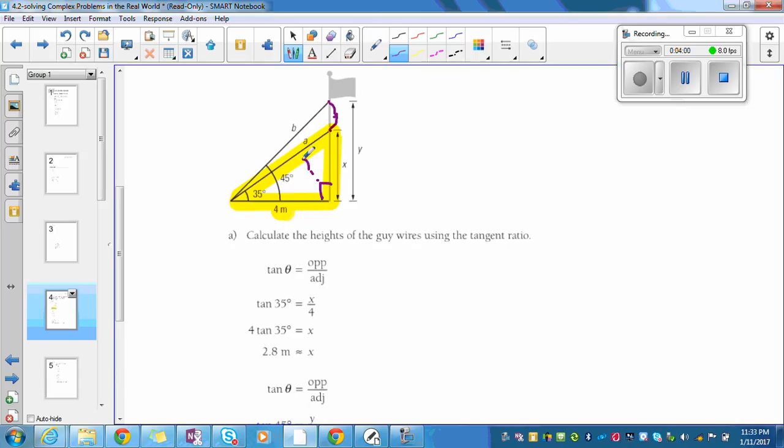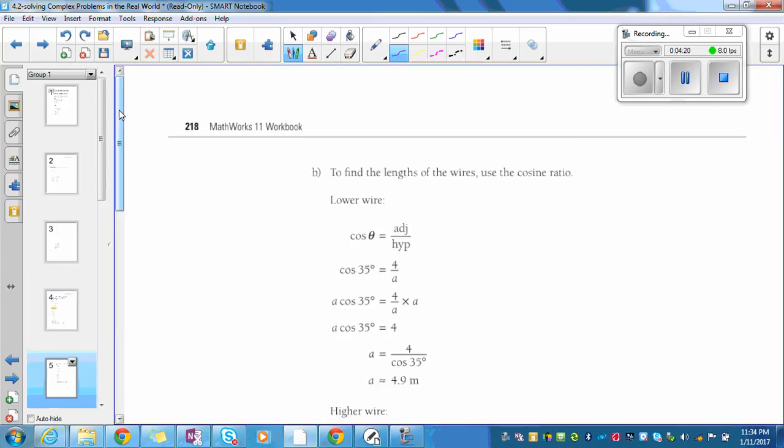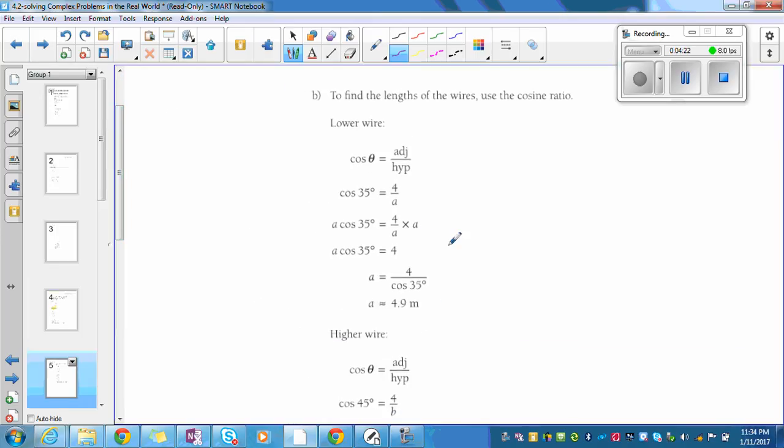So side length A and side length B with a bigger triangle are hypotenuse. So it's going to be adjacent and hypotenuse. So cos. Cos of 35 is equal to 4 over A, and the cos of 45 is equal to 4 over B.